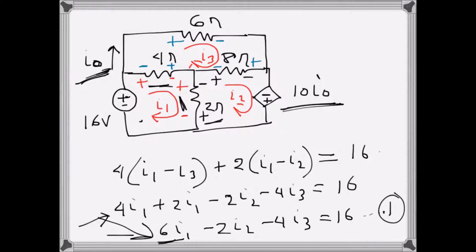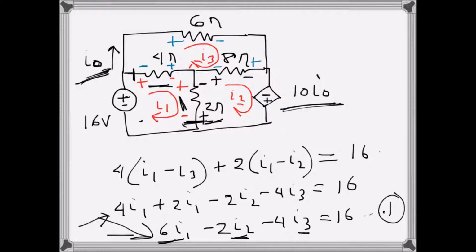The other currents will come as negative, and the only resistance multiplied with those currents is the connecting resistance. For I2, the resistance common to both I1 and I2 is 2 ohms, and that comes with I2 as a negative. Similarly for I3 the common resistance is 4 ohms, so that is coming as negative 4I3.